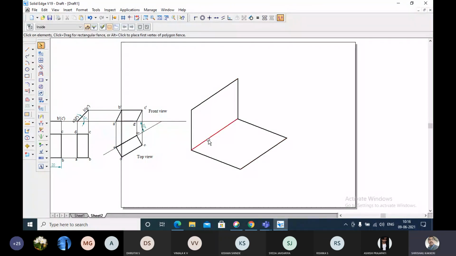Now initially the lamina is here. Anyhow, now this is the edge. Now I did a small thing, you can say it is a mistake only. I'll do one thing.